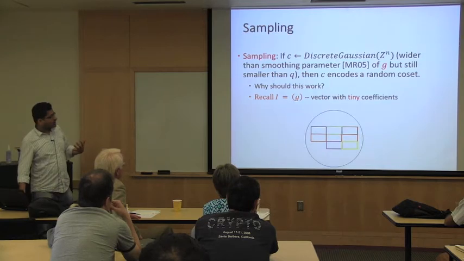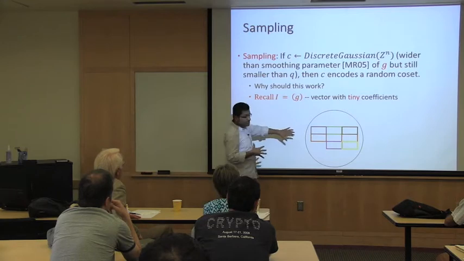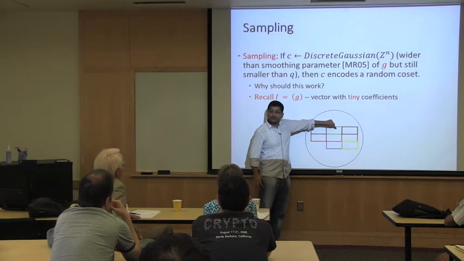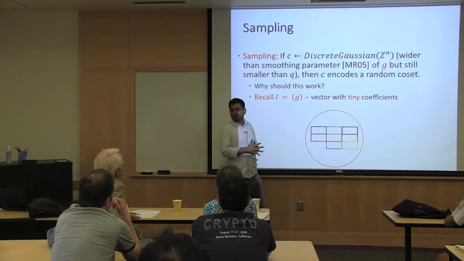If I sample from a distribution which is much larger than one of these boxes, then I will sample something which comes from one of the cosets of I, and it is going to be kind of uniform in terms of which coset it comes from.